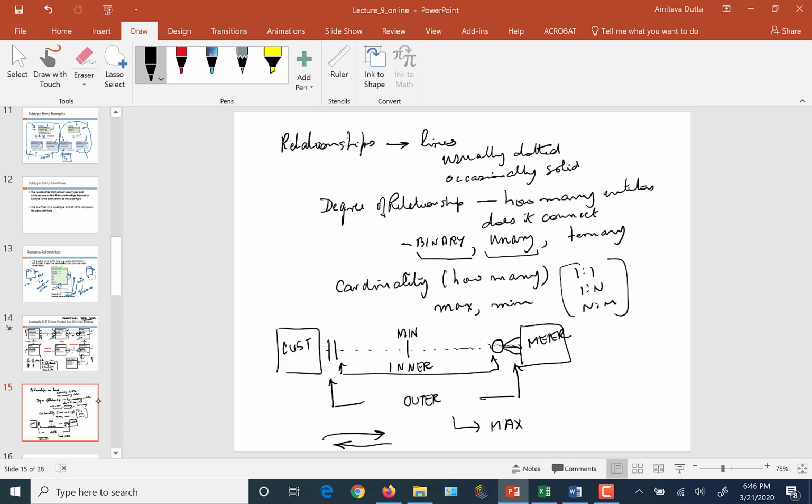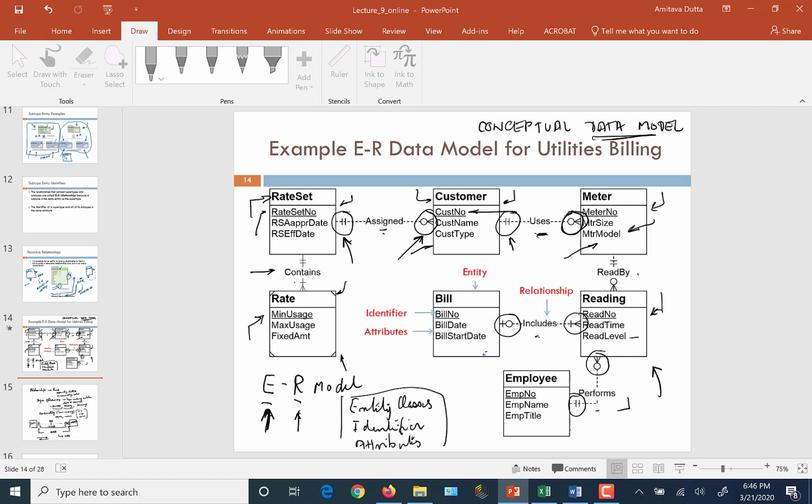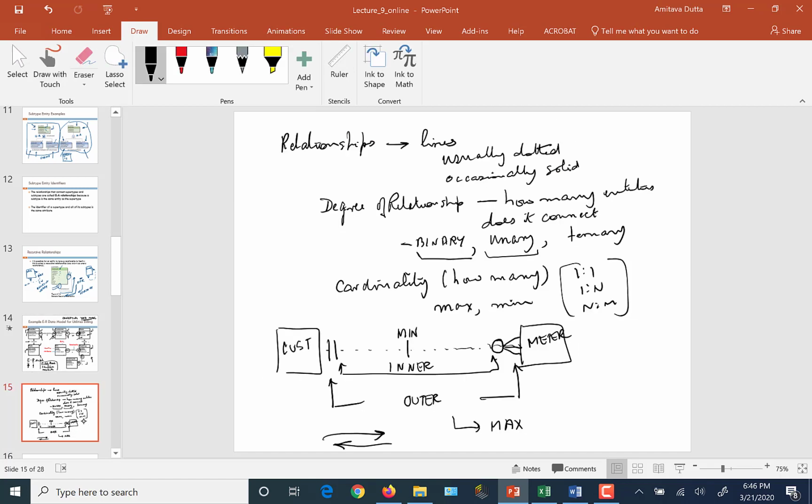So one customer, okay, so going back to the picture, the relationship is uses, right? If I look at the outer pair of symbols, we'll say one customer uses at most many meters.